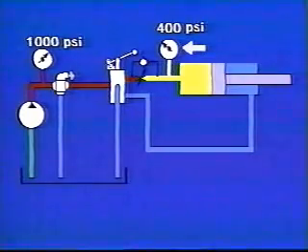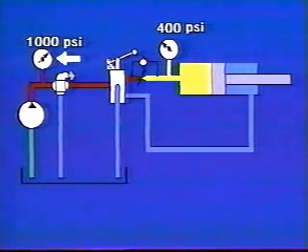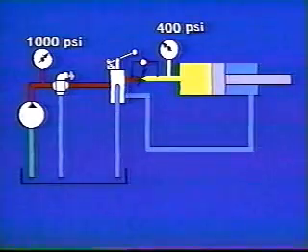However, this pressure is still fixed at 1,000 psi, the relief valve setting. The pressure difference across our orifice now is only 600 psi. And the question is, will 600 psi push as much oil through the opening as the 800 psi did? And the answer is no.